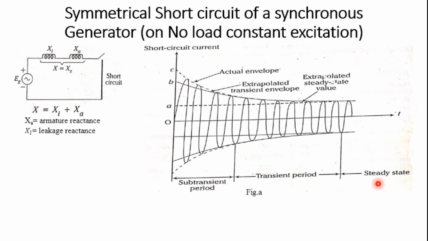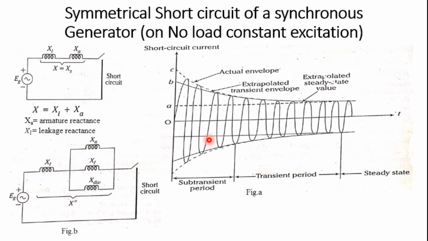Already I told you that if a short circuit occurs, there is a rotating magnetic field produced by the armature. This changes in magnitude with respect to the damper windings and the field windings. Hence there will be an induced EMF and current in the field and the damper windings.